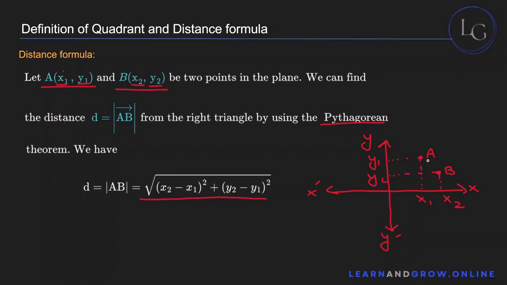Now you can draw a line between them. This will be the distance between A and B, the line that connects them. And you can draw this as a right angle triangle like this. So this distance AB is the hypotenuse of the right angle triangle.